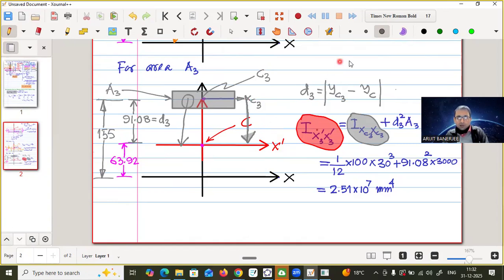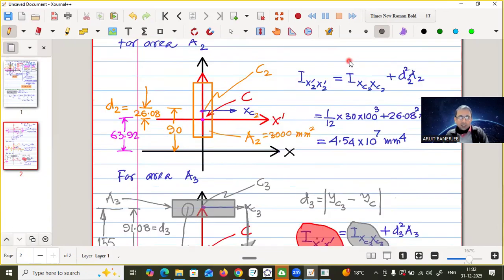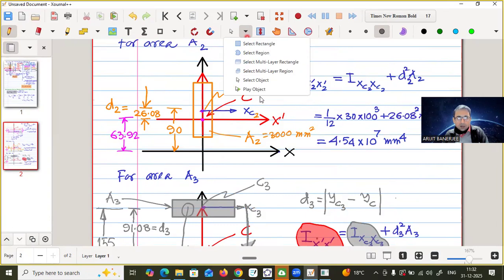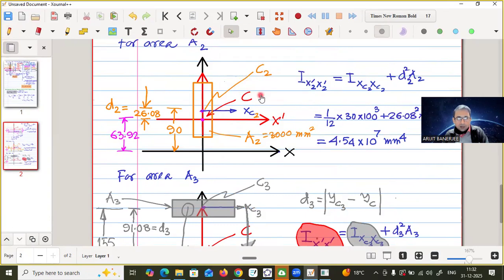Similarly, for this case, I know about this axis. I know about this axis.